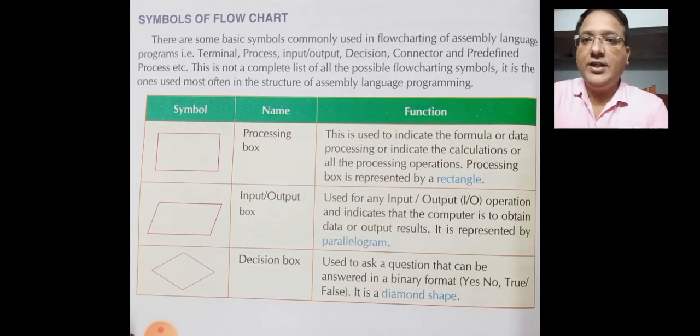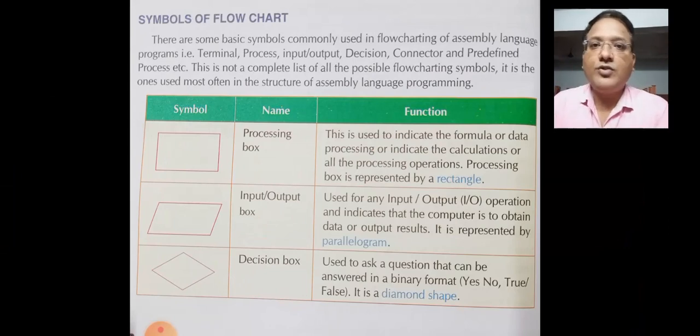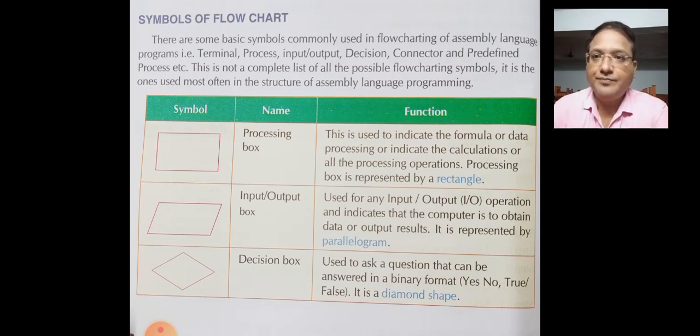So let's see the symbols of a flowchart. There are some basic symbols commonly used in flowcharting of assembly language programs, that is terminal, process, input output, decision, connector and predefined process, etc. These are the boxes named.